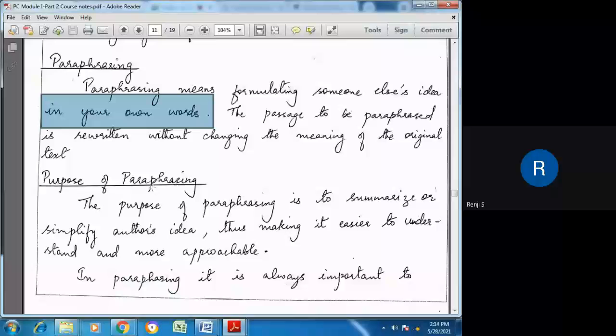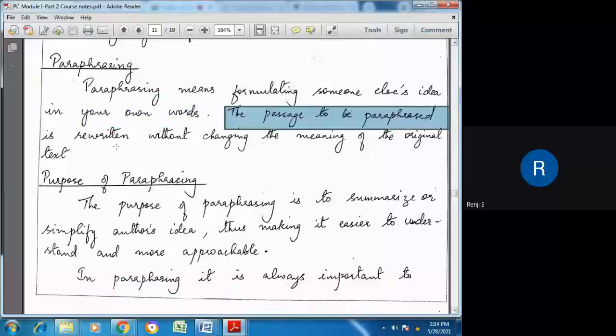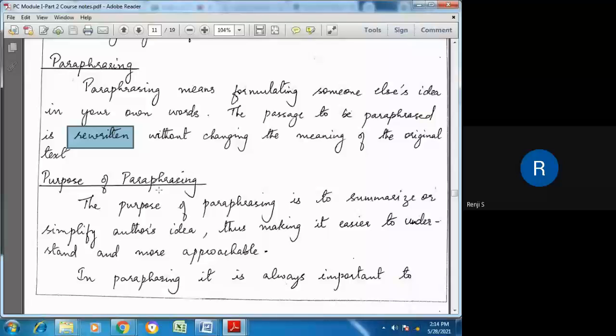Now, paraphrasing means formulating someone else's idea in your own words, and the passage to be paraphrased is rewritten. Suppose you are given a paragraph and I tell you to paraphrase it. Then you have to read the paragraph and not copy it as such. You have to rewrite it in your own sentences, and when you do, please don't change the meaning of the original text. That is known as paraphrasing.